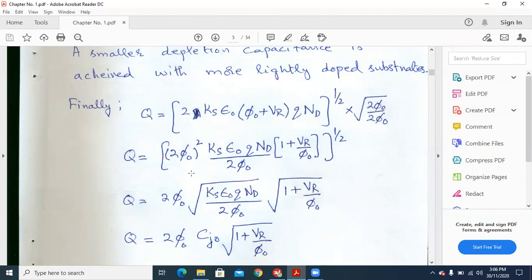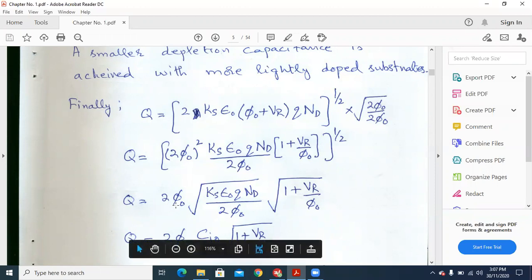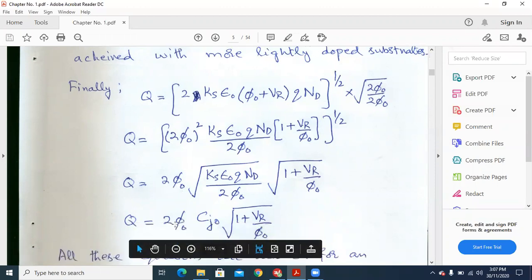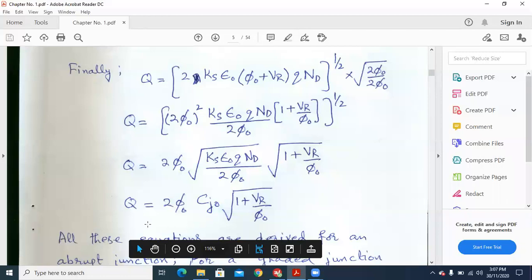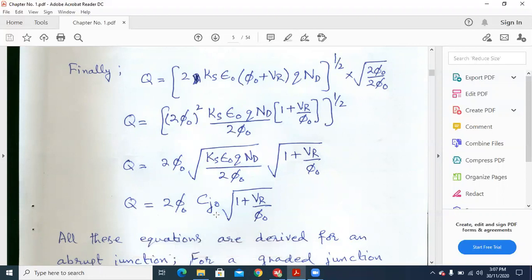So you will get this relationship equal to 2 phi naught Cj naught times the square root of 1 plus Vr by phi naught. This is also an important relationship for the charge. You can express charge in terms of the capacitance when there is zero reverse bias voltage.